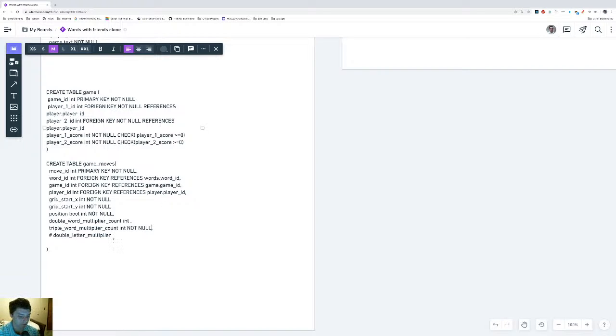Okay, what if, and I know this is probably not best practice, but if you think about it, a double word multiplier is something like: I have a multiplier at x comma y, and I have multiple x comma y values, and that makes the number of multipliers.